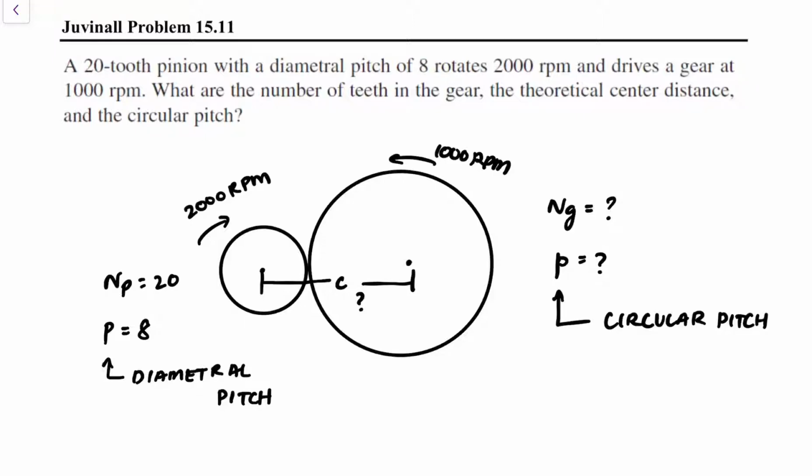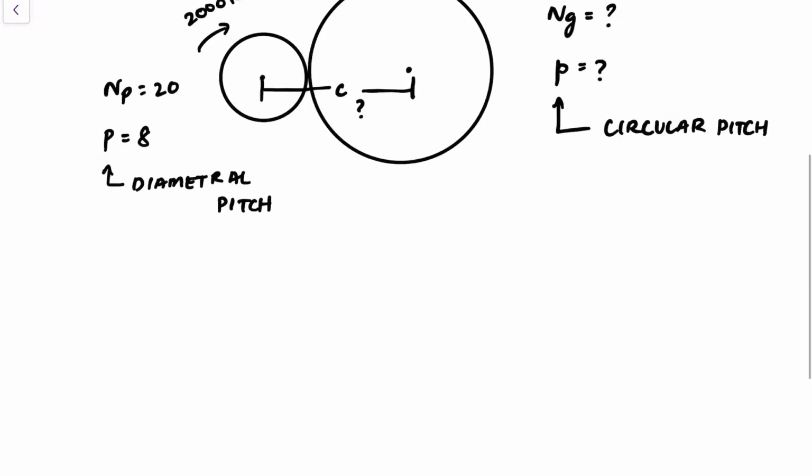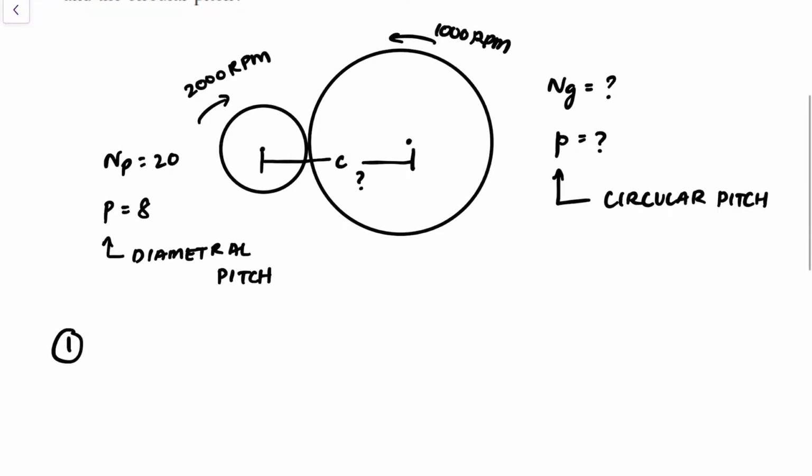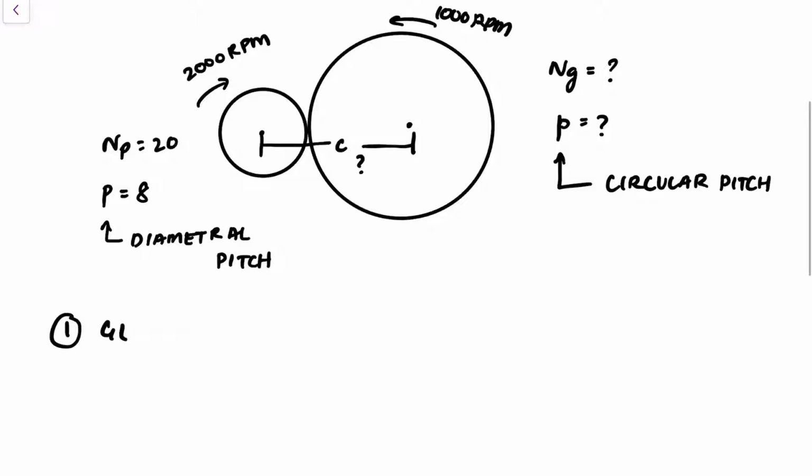So let's go into the first part. Let's calculate the number of teeth on the gear. What we know is that the gear spins slower. If you look at equation 15.1, there is a relation there that tells you that the size, or the number of teeth, of the gears is directly related to the speed ratio of the gears.